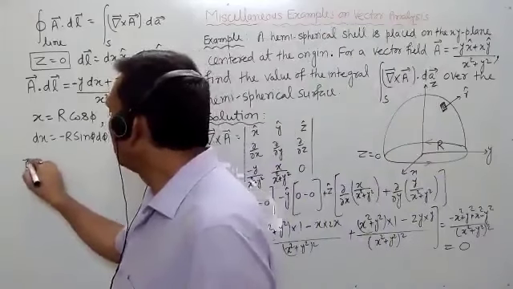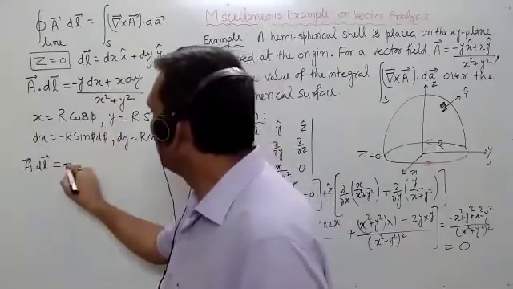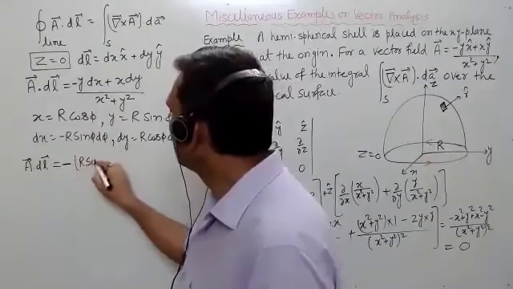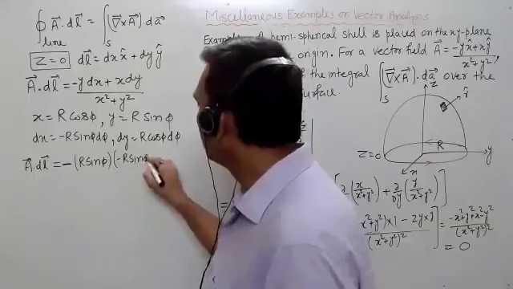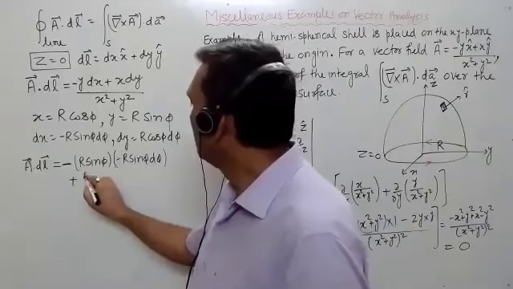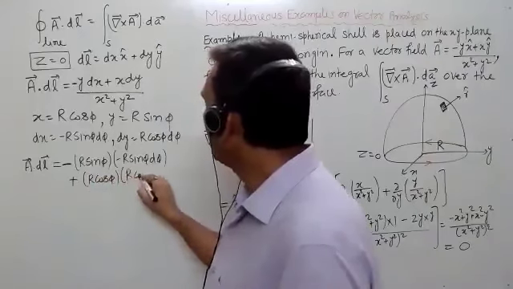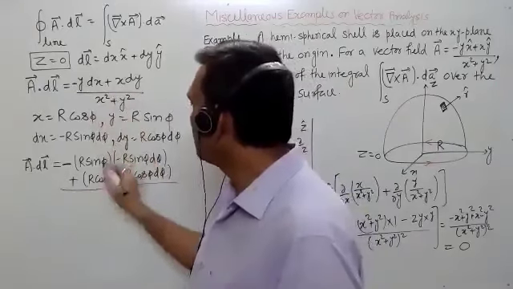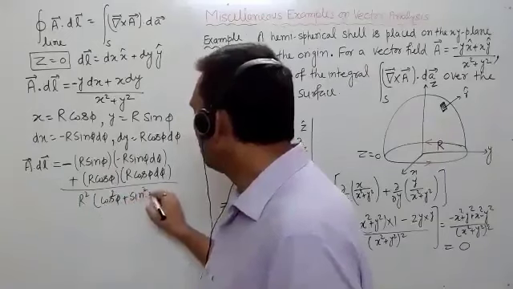So what will be A dot dl? Minus y is r sin phi and dx is minus r sin phi d phi, plus x is r cos phi and dy is r cos phi d phi, divided by x square plus y square, which is r square, common, cos square phi plus sine square phi.